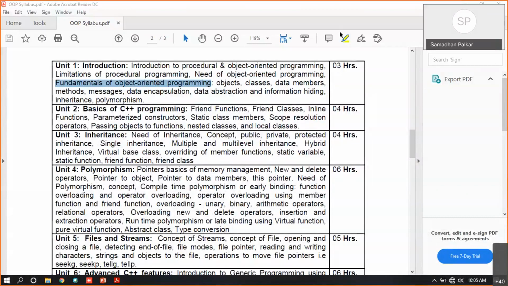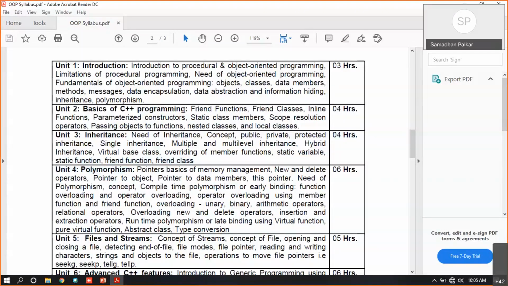So we are going to start today the fundamentals of object-oriented programming, some concepts, or you can say a brief description about all those terminologies which are there. So we are going to see a brief introduction. Data encapsulation is there, data abstraction is there, inheritance is there. All those are treated as your units.